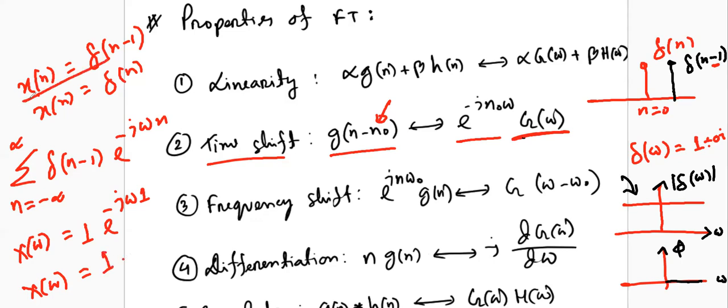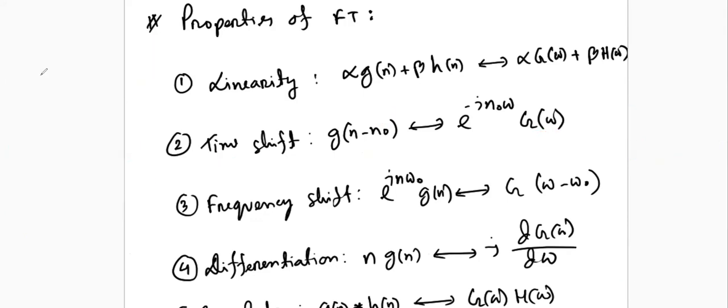However, for x[n] equal to delta[n minus 1], we have found that the amplitude will remain the same, 1, but there will be a term multiplied with that, e to the power minus j omega 1. So from there we can write it very easily.